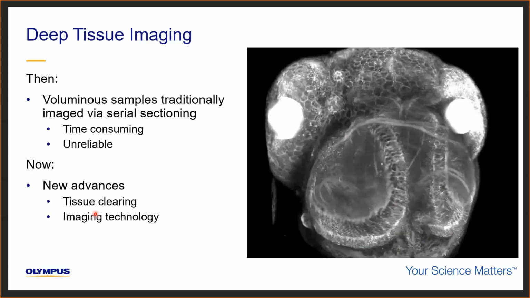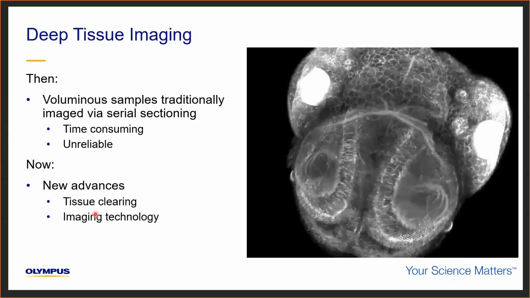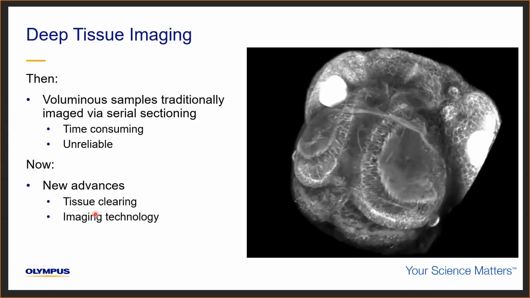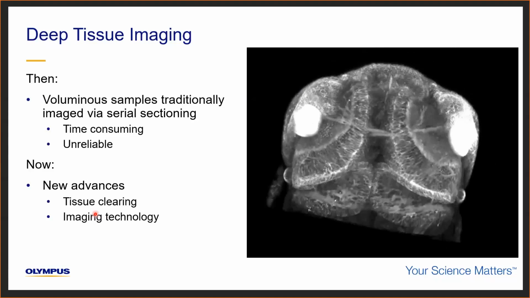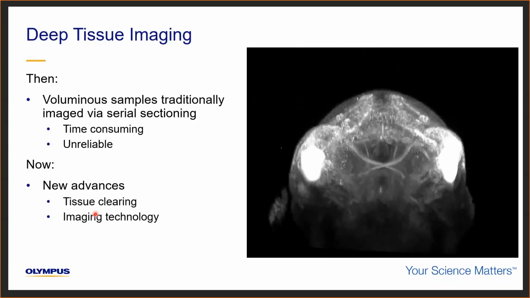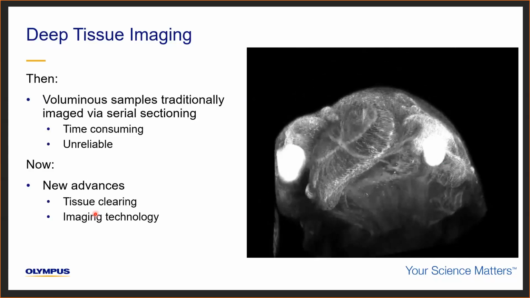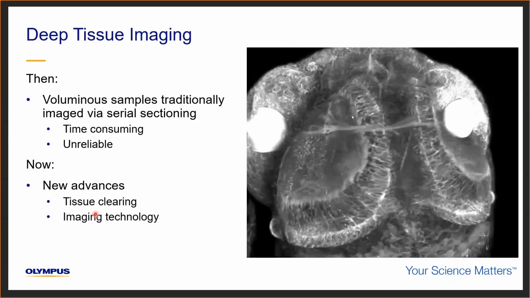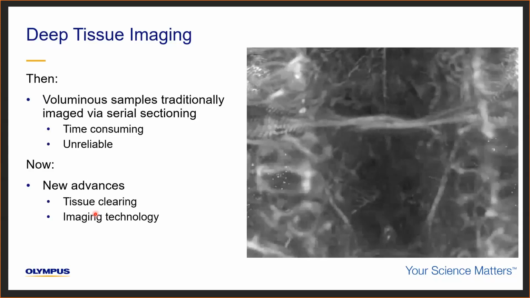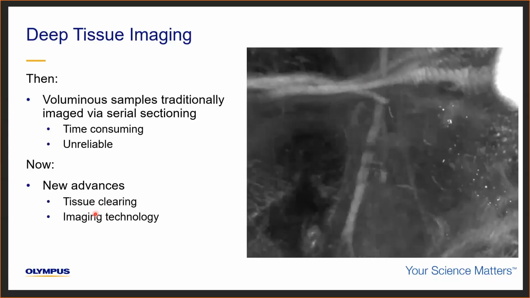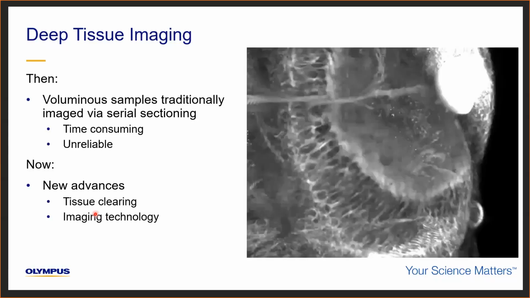Traditionally, voluminous samples were imaged by serially cutting the sample and then trying to reconstruct this whole image. However, this method is time-consuming and generally unreliable. Newer advances in tissue clearing and imaging technologies have permitted us to image large samples with high resolution and create data sets such as this movie of a whole fly head.